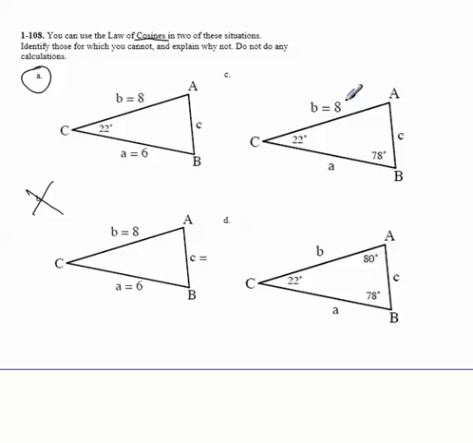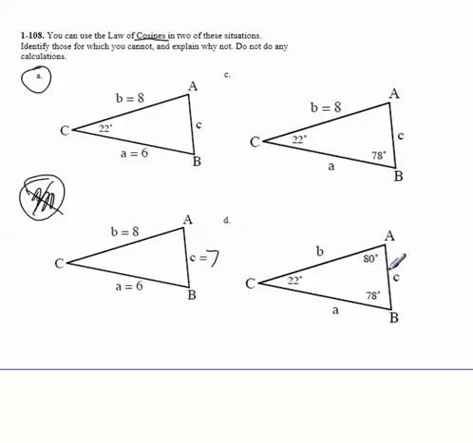So we would be able to find another angle right here, and then we could... Okay, I need to back up a little bit because as I see in my textbook, there's actually a 7 here on part B. So if we have got three sides, we can use the law of cosines. So this one will work.